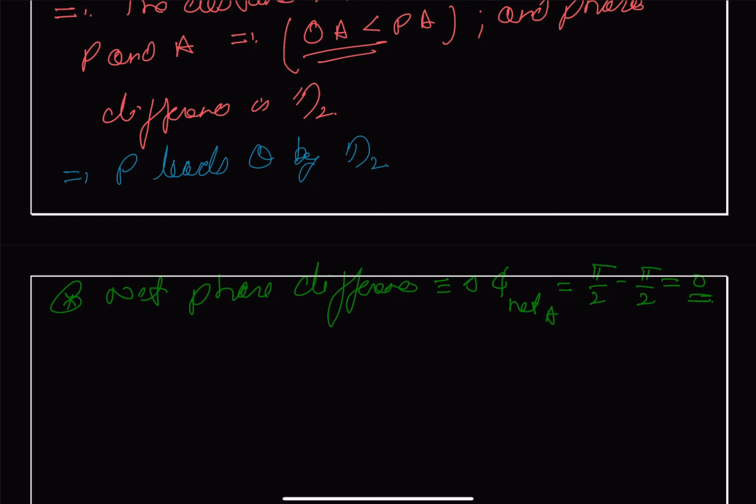Now we are given that both P and Q have the same intensity, and let us call these intensities I naught.